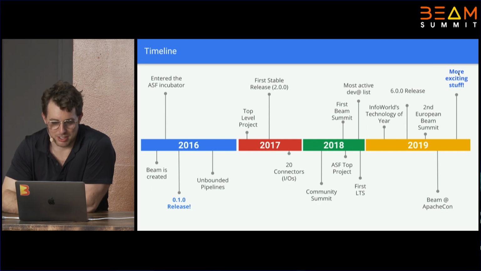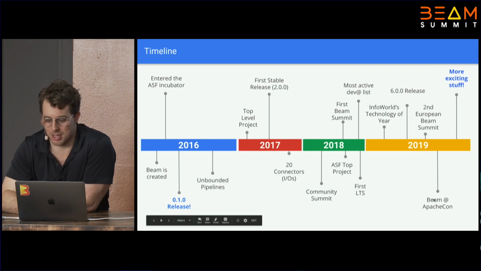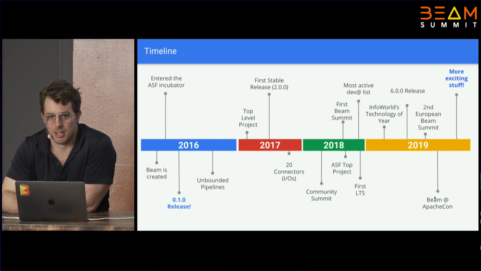I just put on here, all sorts of exciting stuff to come in the future also. And here we are at the second European Beam Summit. And for those not aware, we will have a Beam Summit at ApacheCon in September in Vegas.